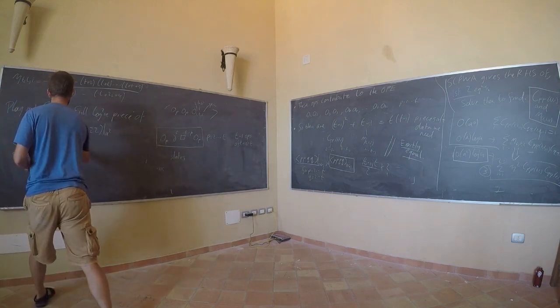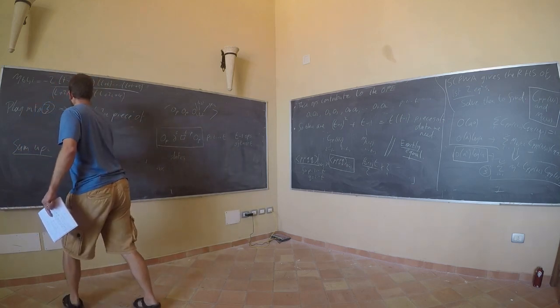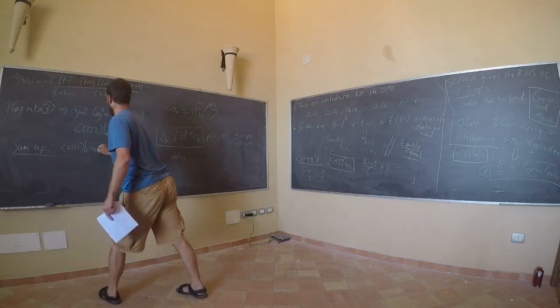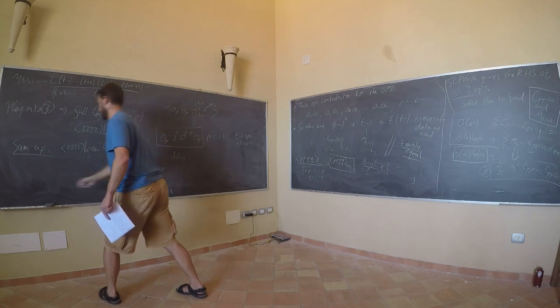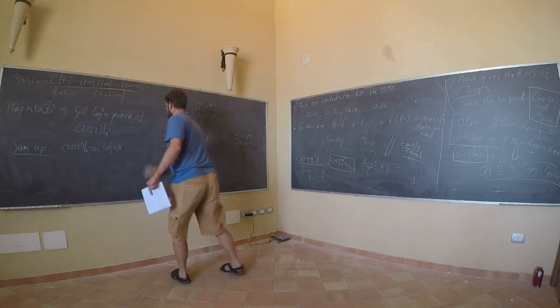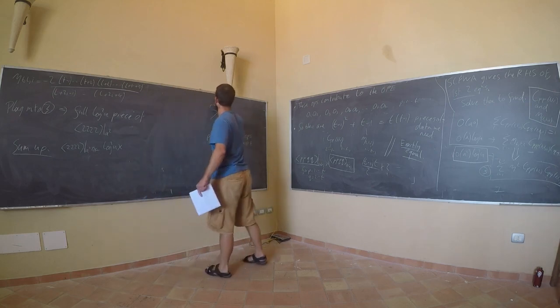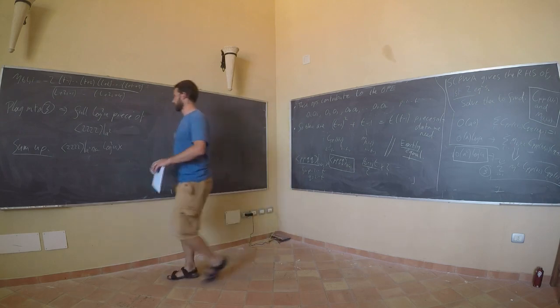So let me write it like this: 2222 at order a squared is log squared u times a function, and the function has the following form. It's got x1 minus x2 to the power 15 on the bottom.